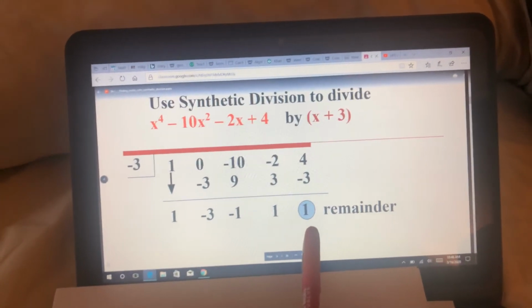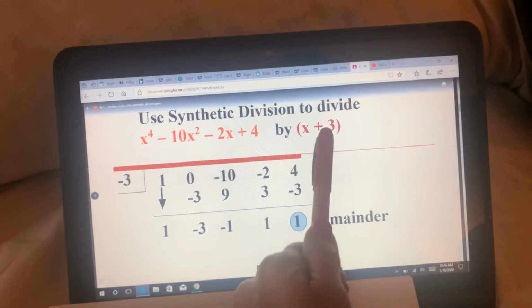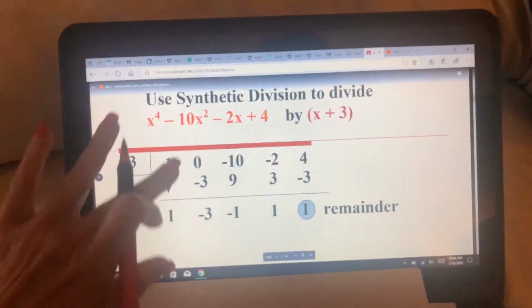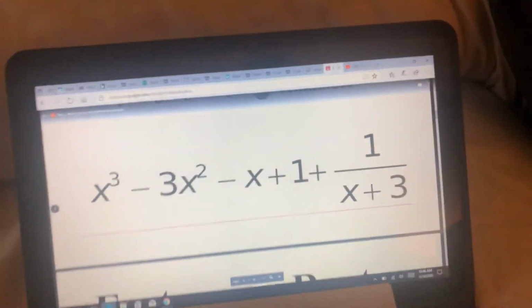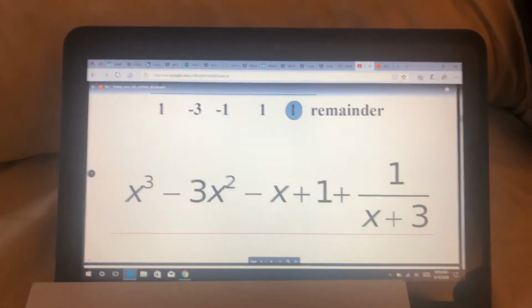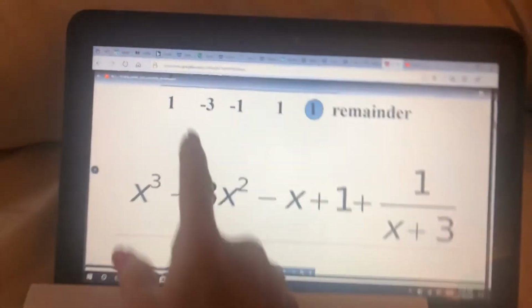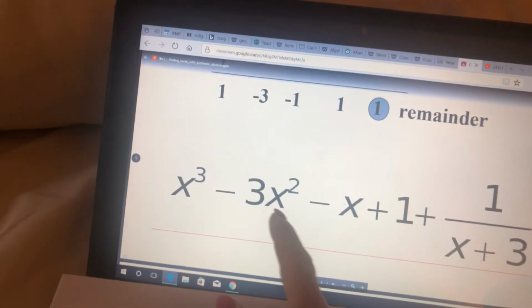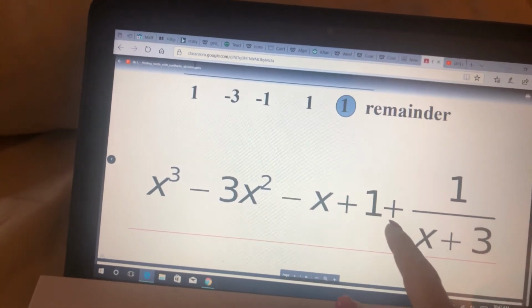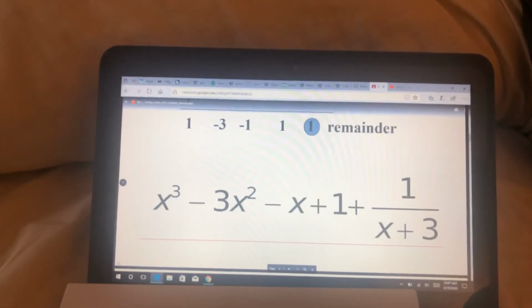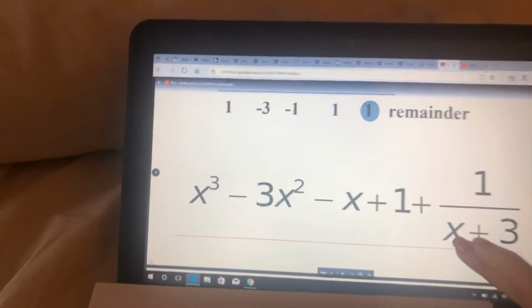But it's not, it's 1, so therefore this is not a factor of this polynomial. So this would actually be my answer. What we're going to do is replace all of the x's, but drop by 1 power. So x cubed, negative 3x squared, negative 1x plus 1, and this remainder will simply go over the divisor, and that will be your solution.